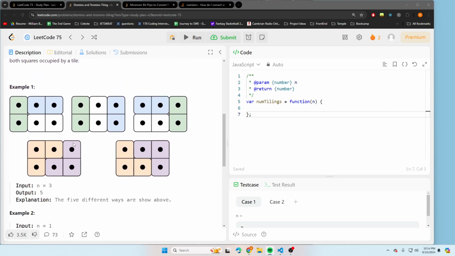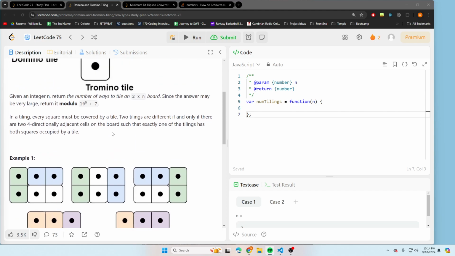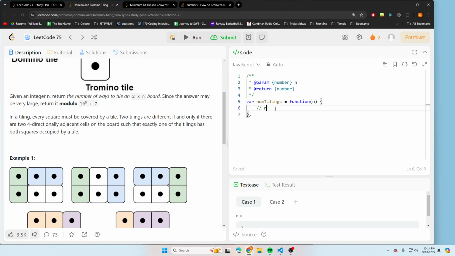So example 1, you have n of 3, meaning 2 times 3 is 6. Let's see, n equals 3, so 2 times 3, so 6.